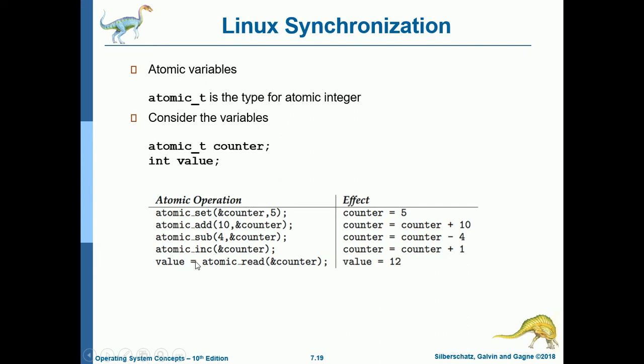Then value is equal to atomic_read(&counter). So these atomic operations mean that the operations on the variable are uninterruptible. It's very important for variables that need frequent updating.